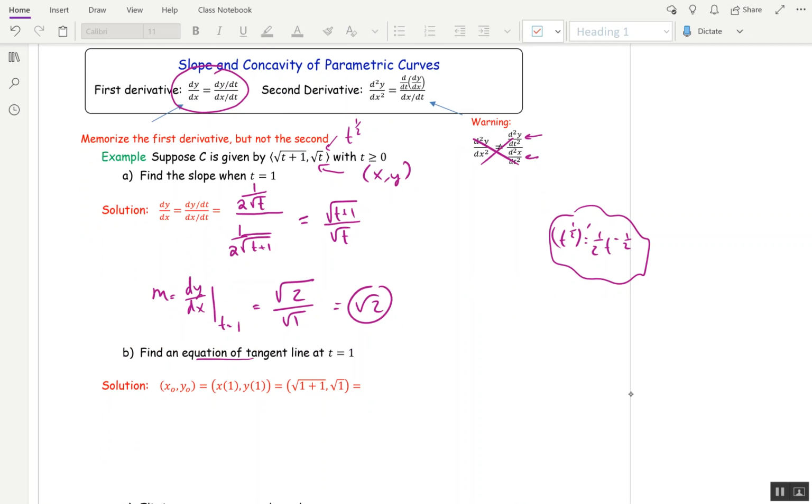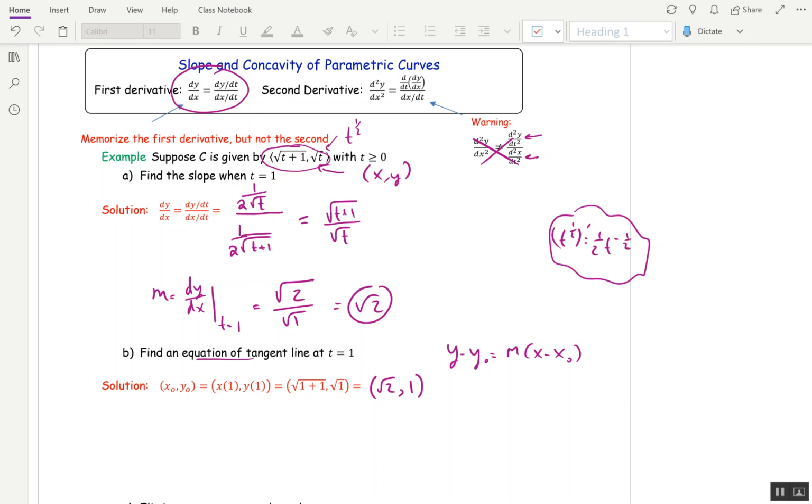Okay, so remember point-slope is y minus y naught equals m times x minus x naught. Well, I've got my m. My m is root 2. That's the slope of the curve at t equals 1. I need my x naught, y naught. So I go back to the original equation up here, and I plug 1 in for t, and that's going to give me root 2 comma 1.